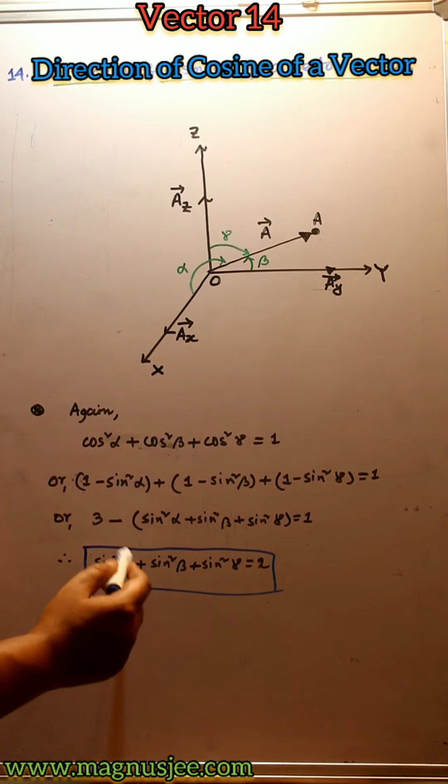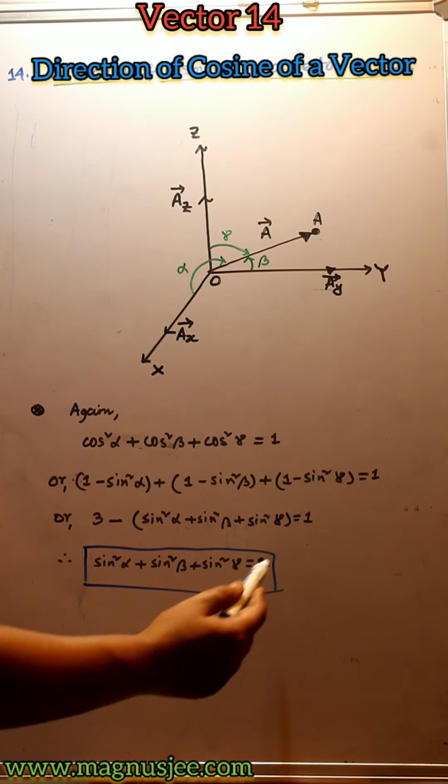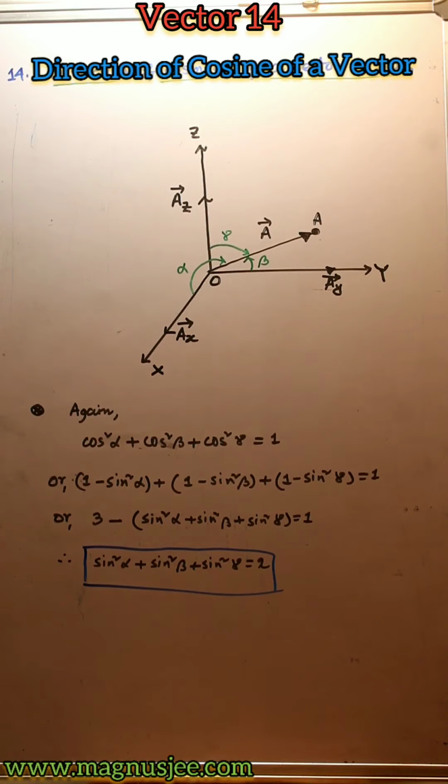That means the sum of the squares of the sines of the angles subtended by the vector will be 2.